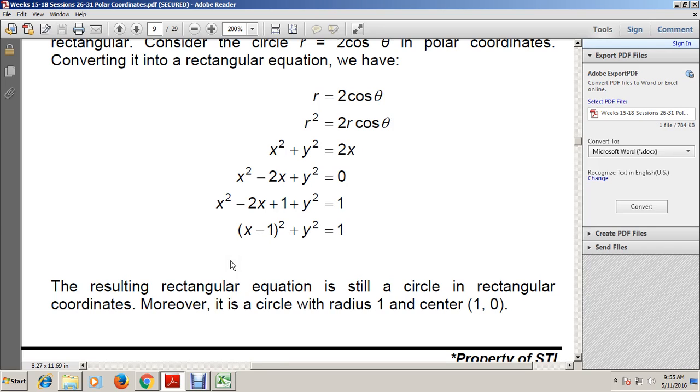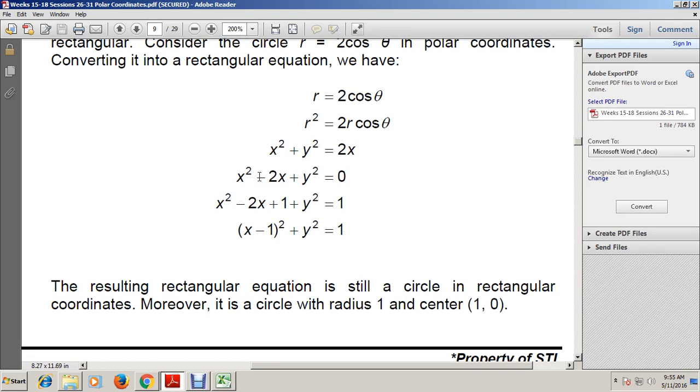Remember, in our discussion of the circle in our video lecture series on circles, the basic form of the equation of the circle has the form x minus h squared plus y minus k squared is equal to r squared. So this is actually our h, and since this has no k, the value of k is equal to 0, obviously, and our hk ordered pair corresponds to 1 and 0. So the location of the center of this circle is 1, 0, and its radius is equal to 1.